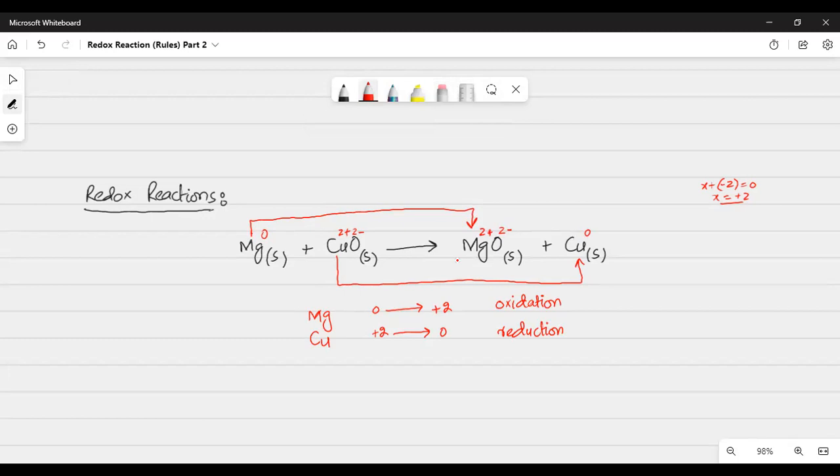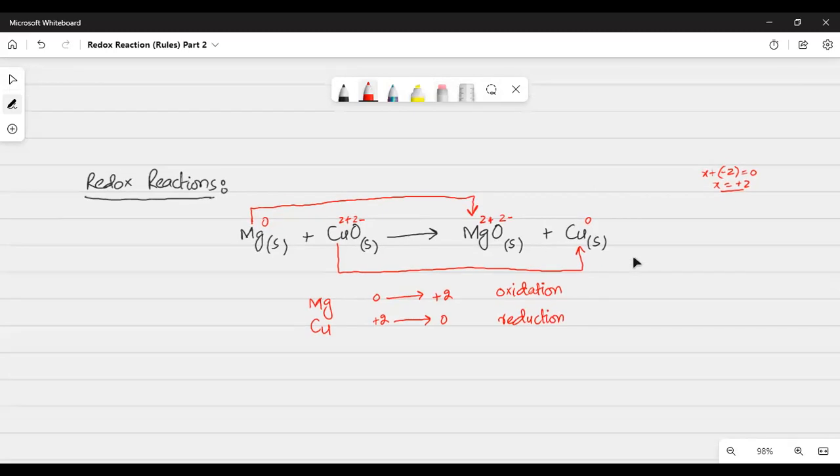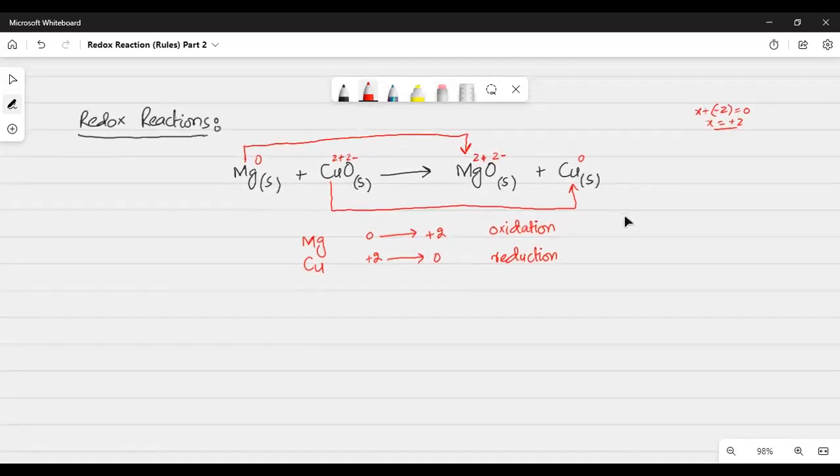No, sir, because magnesium went from 0 to +2, so it has gained electrons, right? No, beta. Remember, if you gain electrons, your charge becomes negative. Your charge becomes positive and you lose electrons. That's the confusing point for students. We're using the word lose, but we are using a bigger number. So that's the contradictory part. That's because of the charges. That's how two negatives behave. Make sense? Okay.